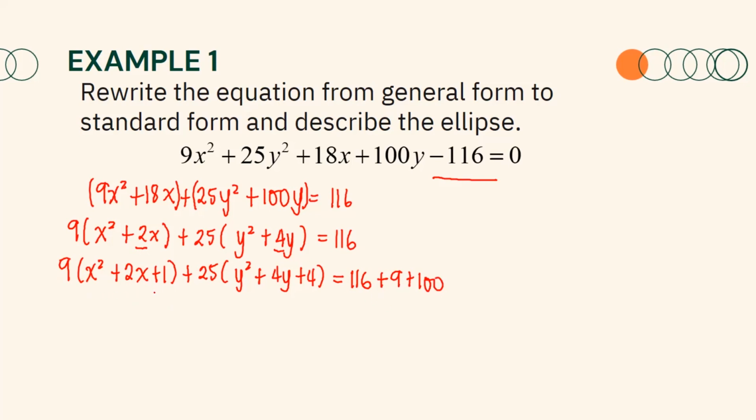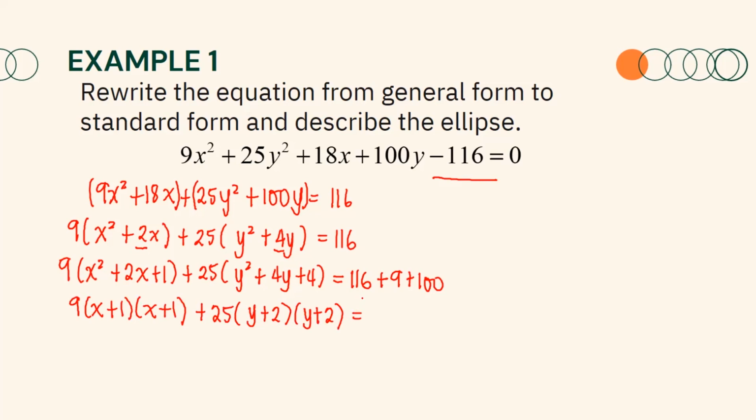So the factors of x² + 2x + 1 are (x + 1) times another (x + 1). The factors of y² + 4y + 4 are (y + 2) times another (y + 2).